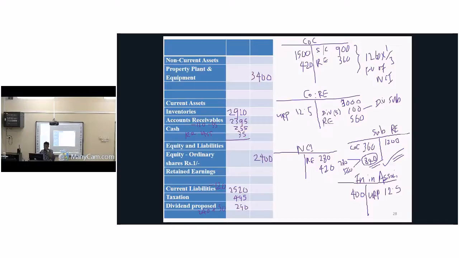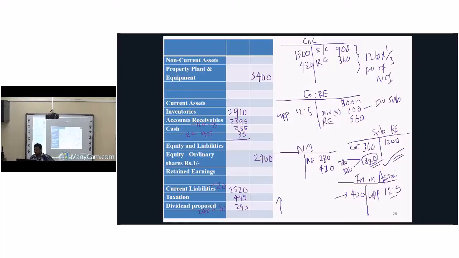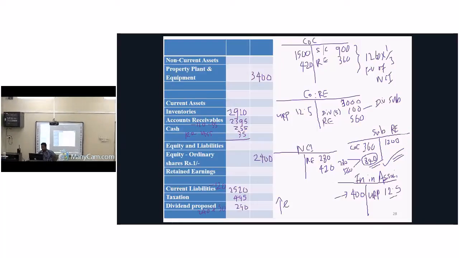One more learning point relating to associate. We have not incorporated it now. Look, this is an investment made in associate. This is something related to unrealized profit. Now we should do one adjustment for associate. We have to calculate increase in share of equity in associate. How to calculate it? There is a formula for this.